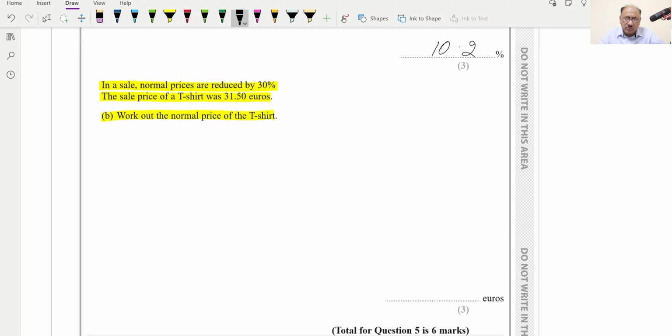Reverse percentage questions are more popular in past papers, so you will have to practice reverse percentage questions as much as you can. We take X as the original amount, and there is a reduction of 30%, so we write 100 minus 30, over 100, and equate it to the new amount, which is 31.50.